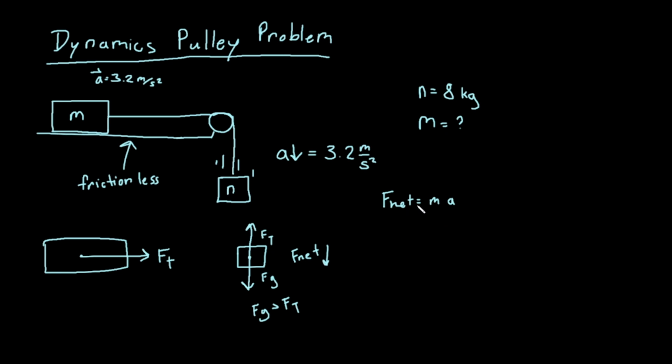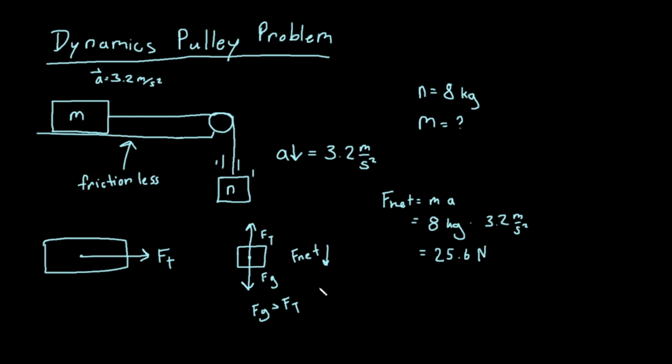We have Fnet equals ma, where the mass is equal to 8 kilograms, and acceleration is equal to 3.2 meters per second squared. Now, let's use our calculator to solve that. And we get 25.6 newtons.